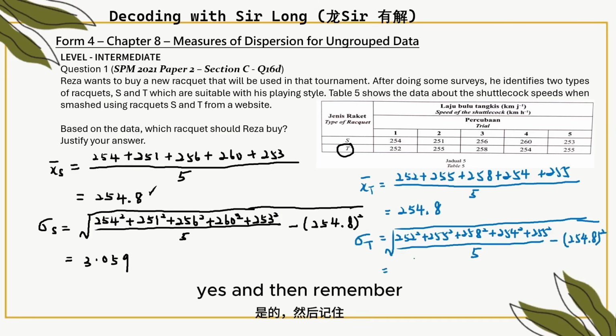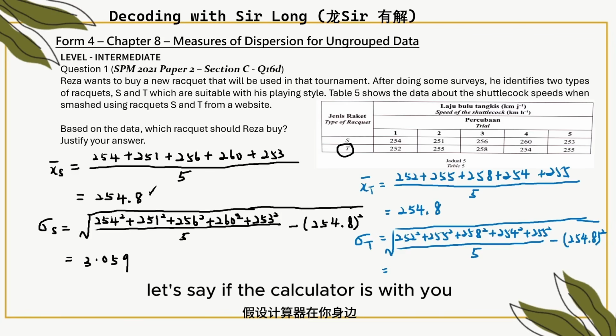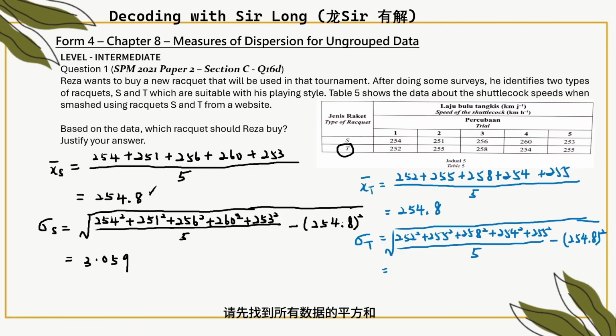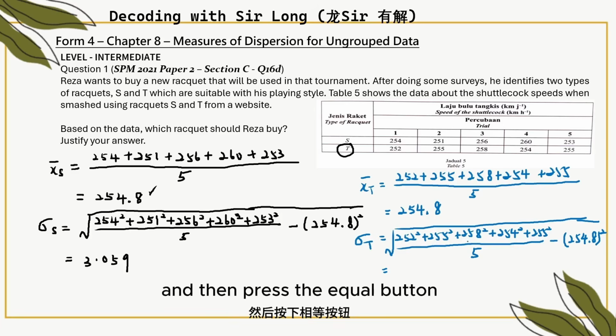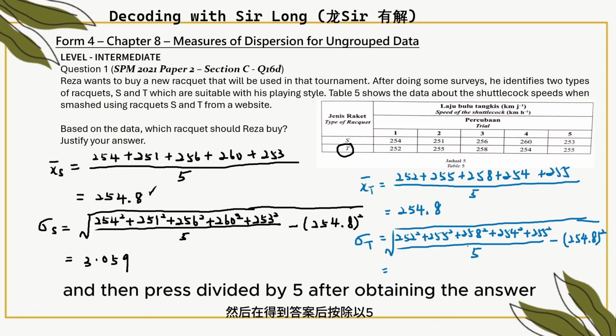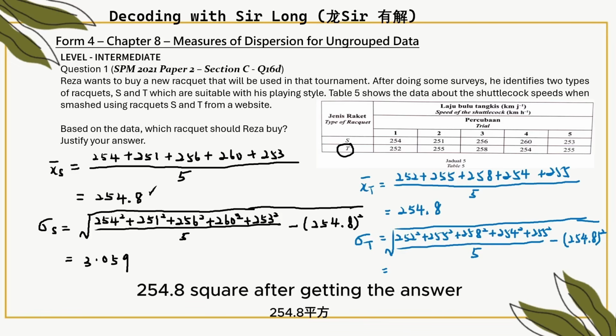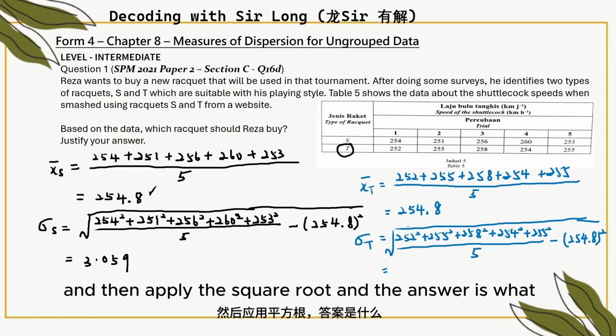And remember, find the sum first. If the calculator is with you, please find the sum of the squares of all data first, then press the equal button, and then press divided by 5. After obtaining the answer, minus the 254.8 square. After getting the answer, apply the square root.